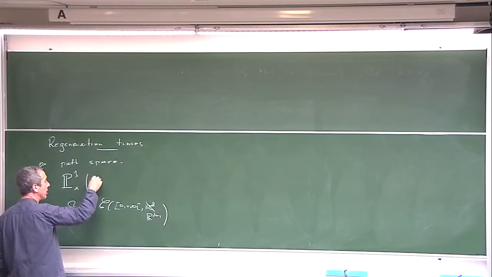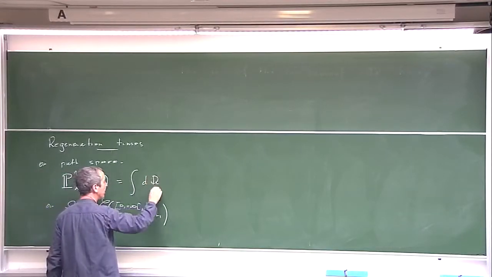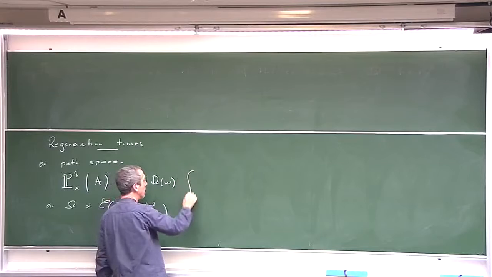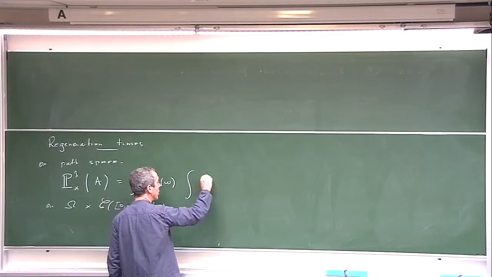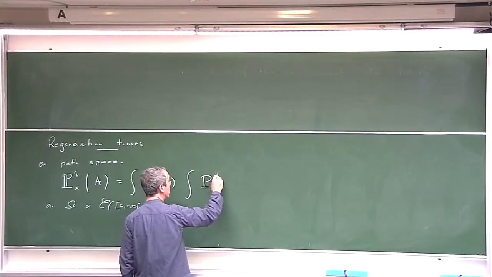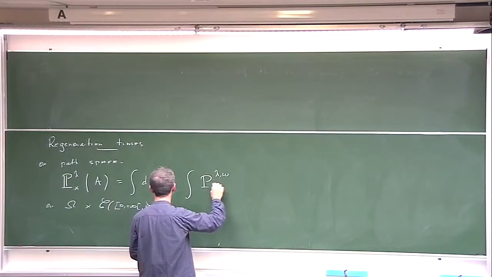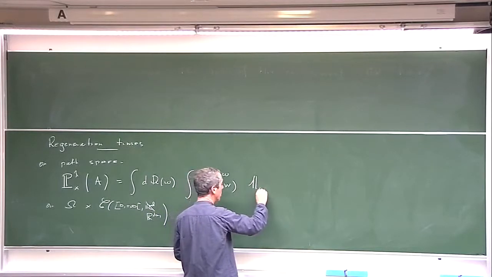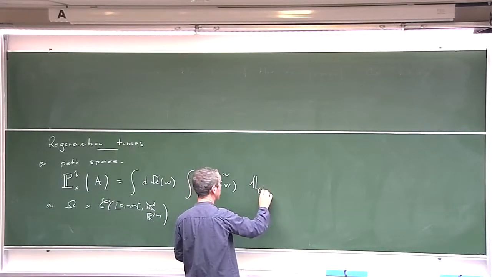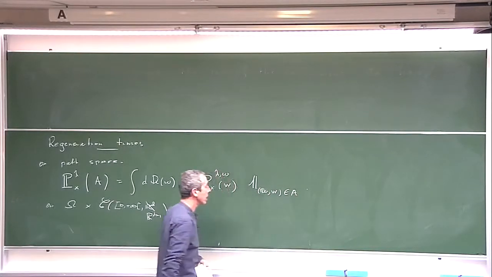And by definition, the probability of a subset A of this is the integral over dQ of omega times the integral over the law of the diffusion, starting at x with the drift lambda in the environment omega, of dP, the trajectory w on A. So if what is first is omega, omega w belongs to A. Something like this.